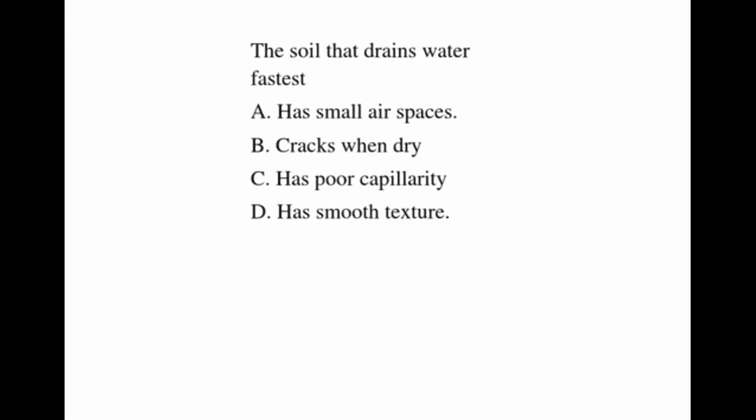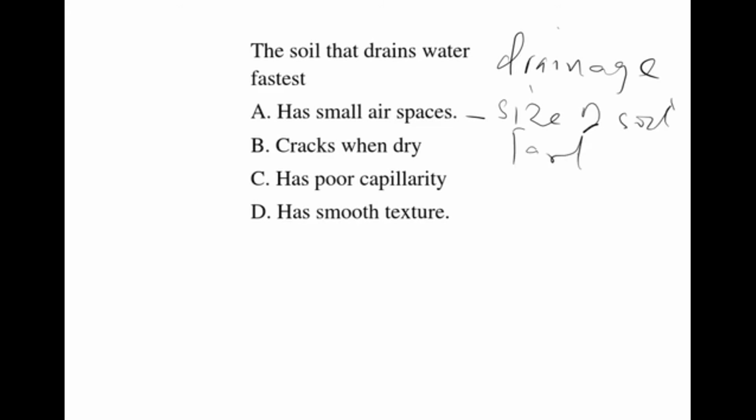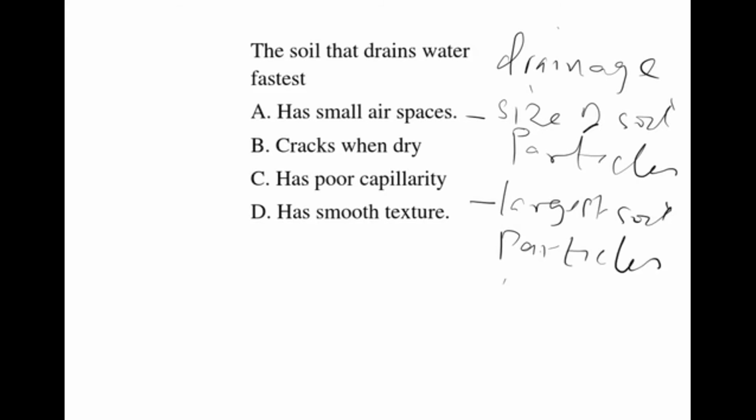The soil that drains water fastest: when you look at drainage, the drainage of the soil is determined by the size of soil particles. The soil with the largest soil particles has the highest drainage.